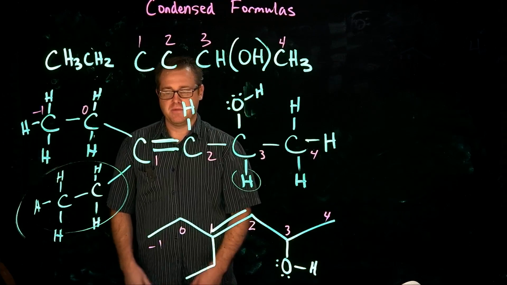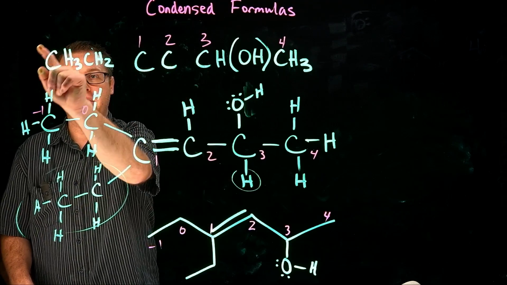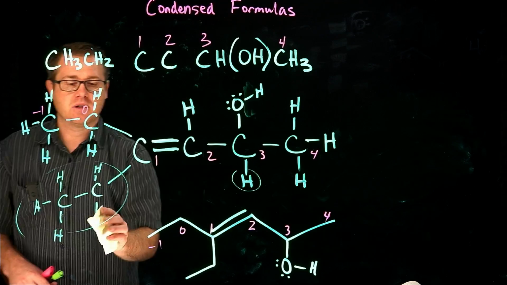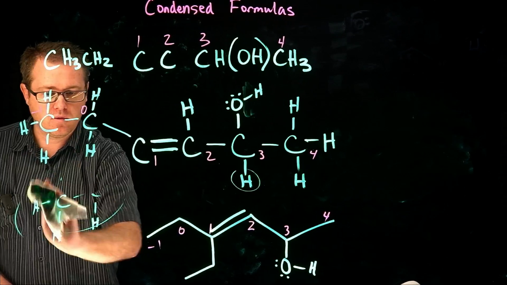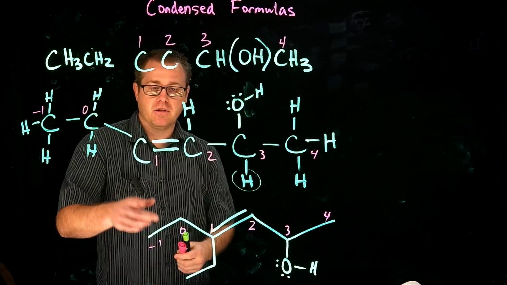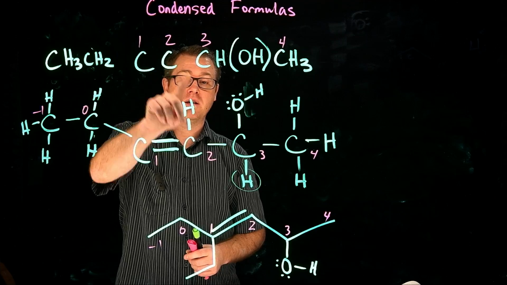What would change? Well, first thing that would change is that now we only have one ethyl group instead of two like before. So we can just get rid of one of those ethyl groups. Now when I take a look at carbon 1, I see it's directly bonded to carbon 2.